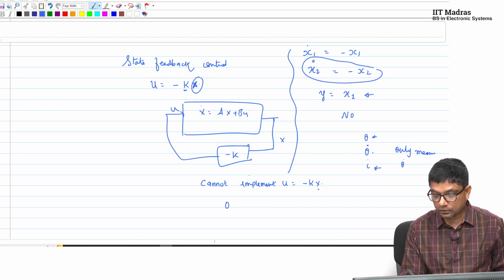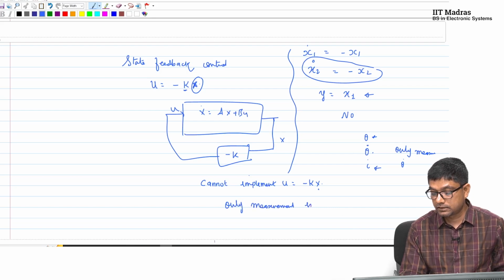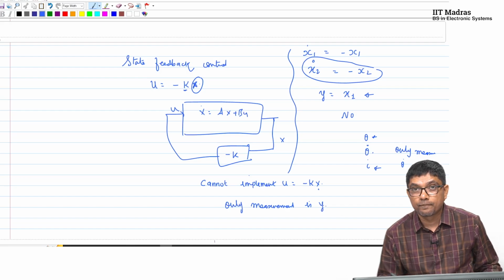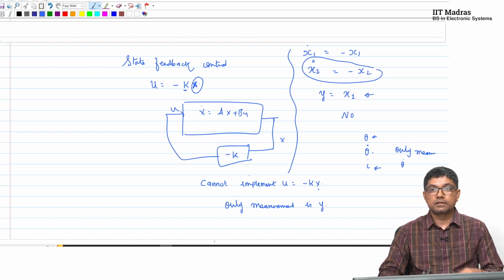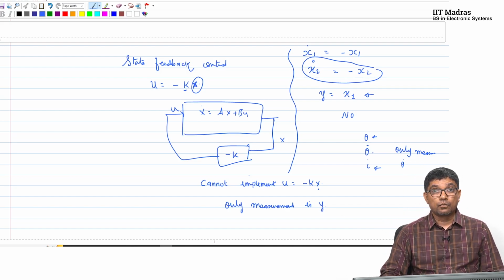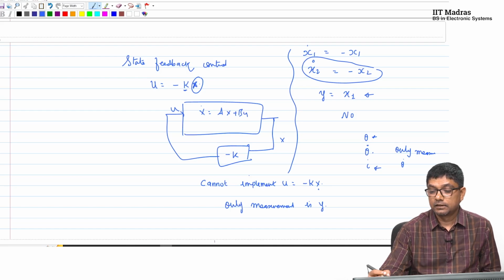The only measurement I have is y. Not all states are measured, only some of those are measured.